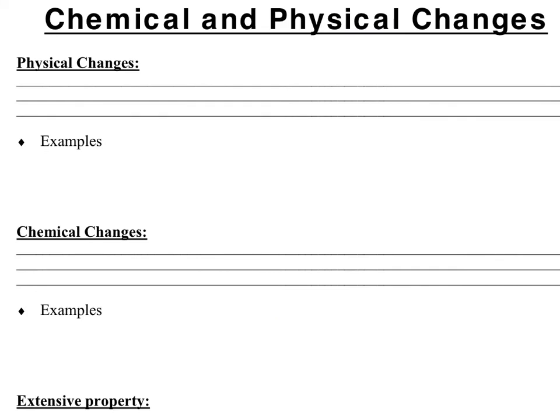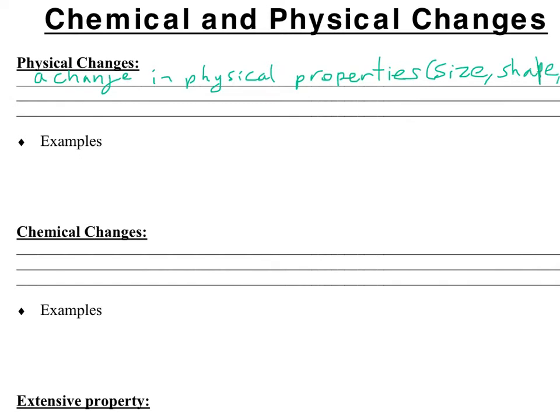Chemical and physical changes. A physical change is a change in physical properties such as size or shape or state of matter.